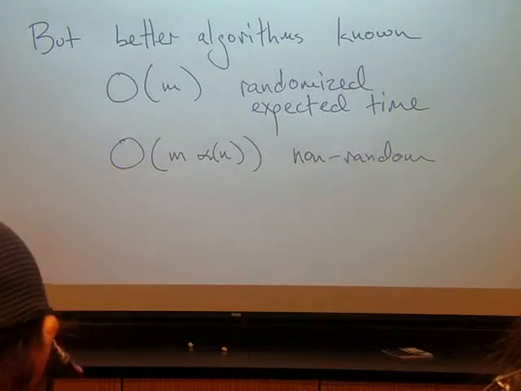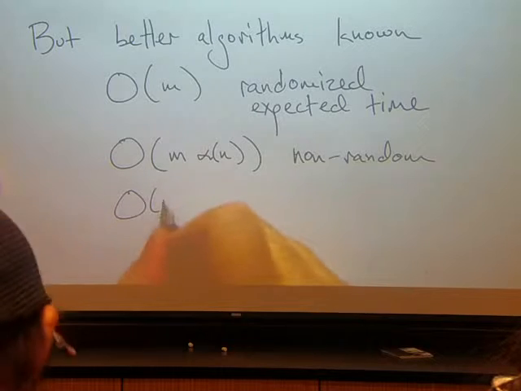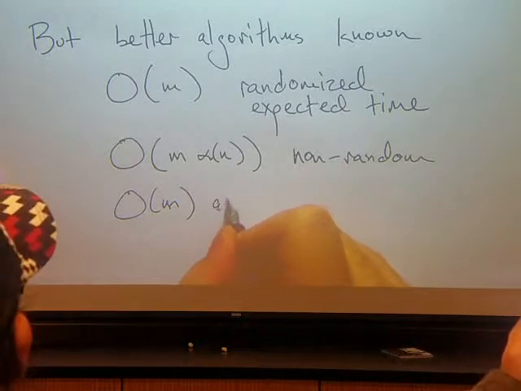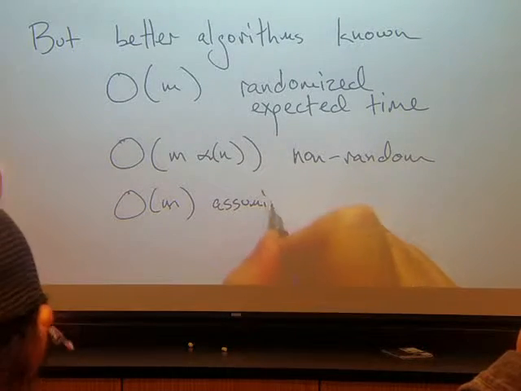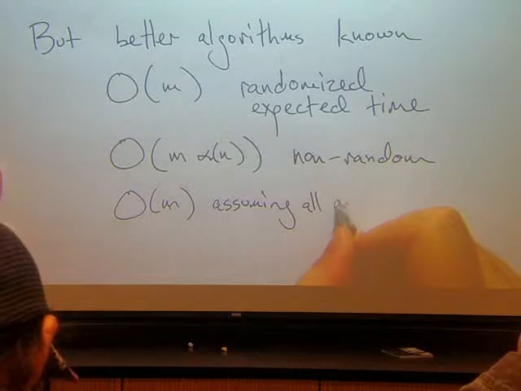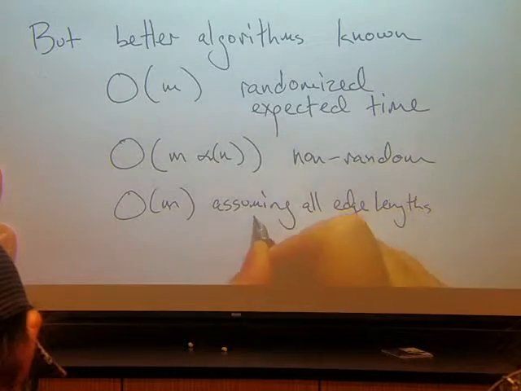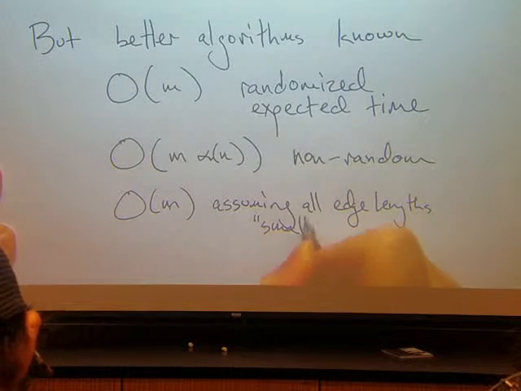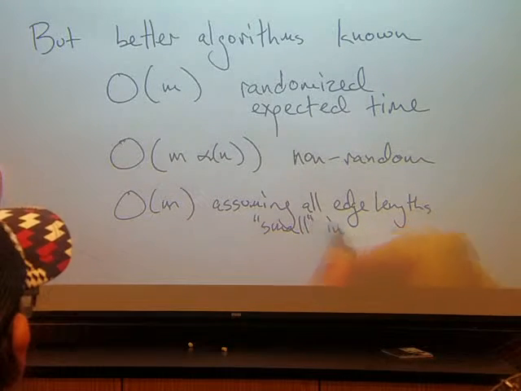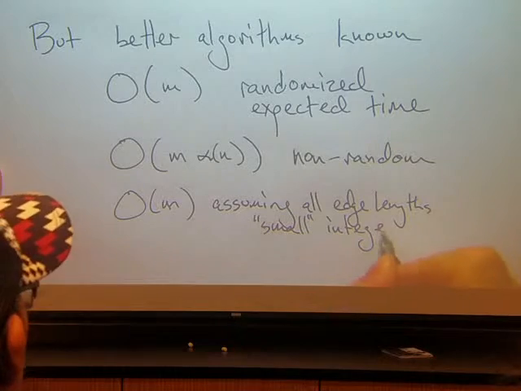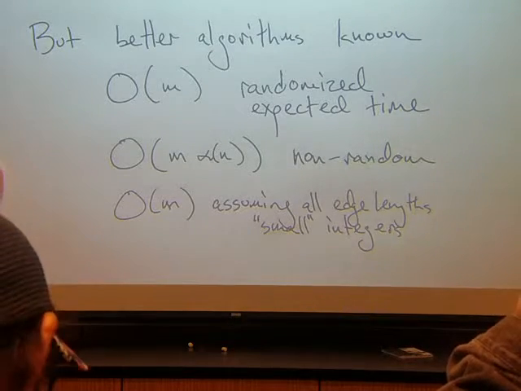There are also some algorithms that are order m, assuming that all the edge lengths are some kind of small integers and that you're doing integer arithmetic instead of comparison sorting.